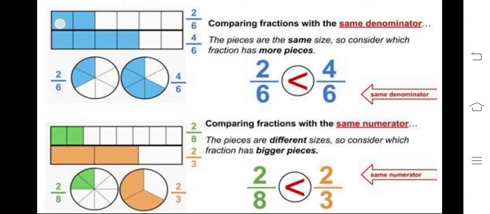This figure is being divided into 6. See, 6 here, denominator. This also is divided into 6, 6 denominator. But the numerator, you see, only 2 is colored. So 2 out of 6, 2 by 6. Here 1, 2, 3, 4, 4 are colored.